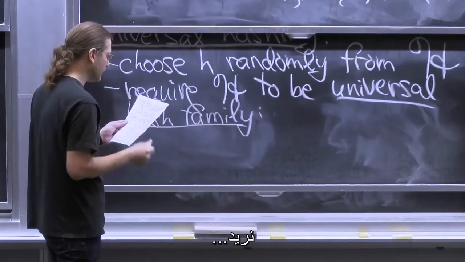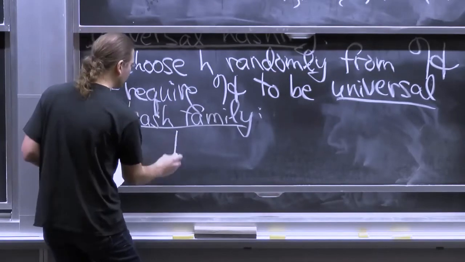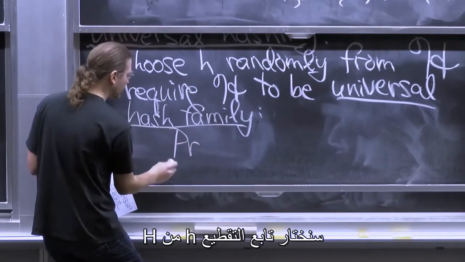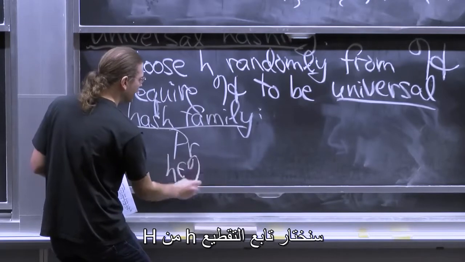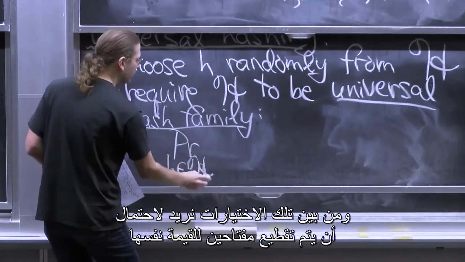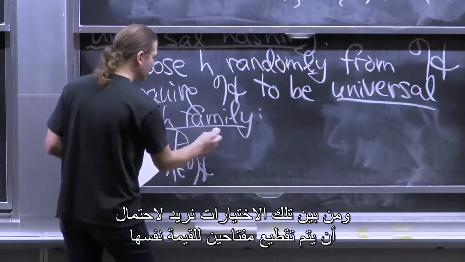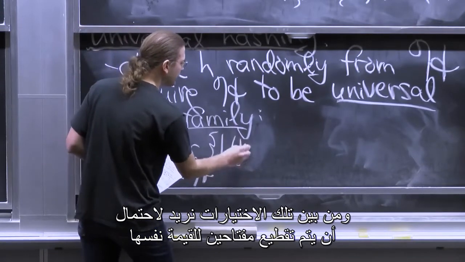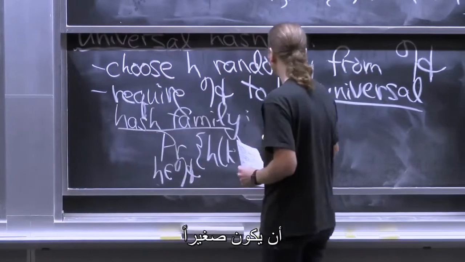What we want is that, so we're choosing our hash function little h from big H. And among those choices, we want the probability that 2 keys hash to the same value to be small.